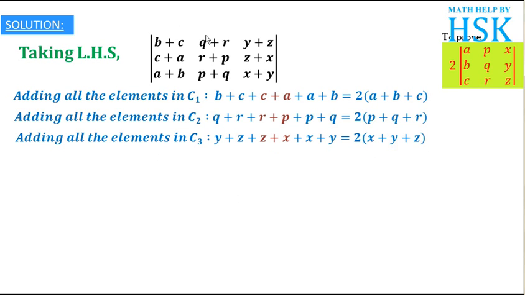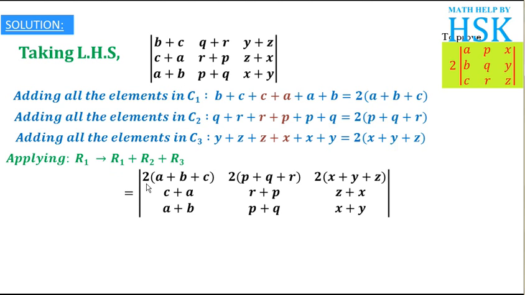So, to get 2 as common, I am going to apply R1 changed to R1 plus R2 plus R3. That is, to the row R1 I am going to add the elements of R2 and R3. So I am going to get twice a plus b plus c, twice p plus q plus r, twice x plus y plus z, and the remaining determinant remains the same.